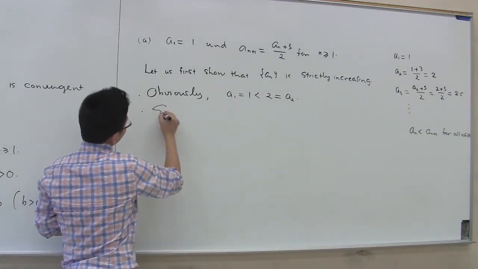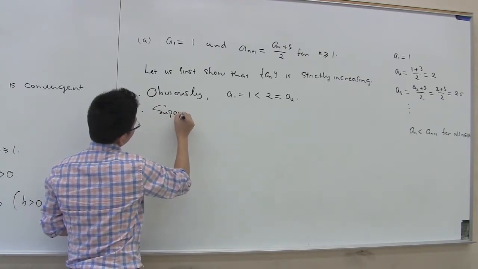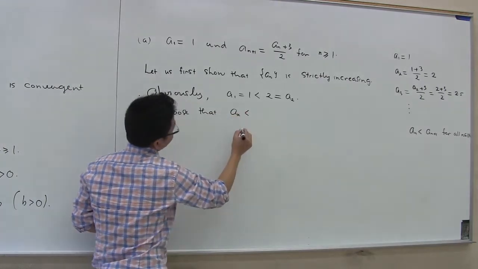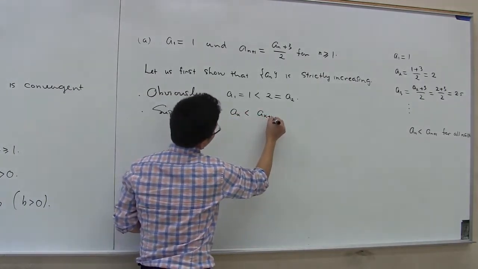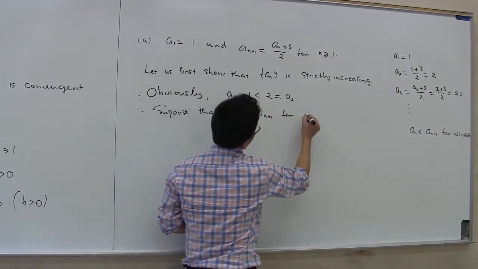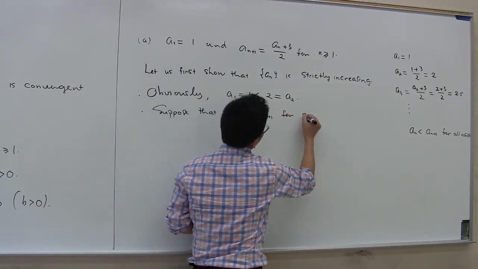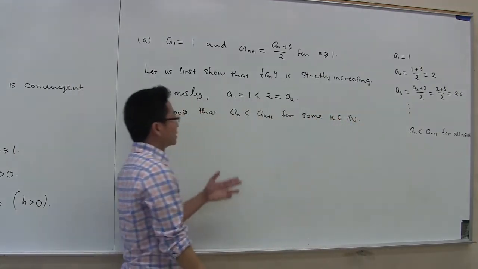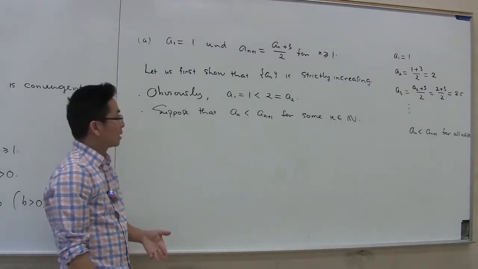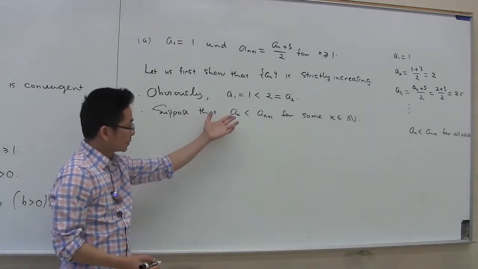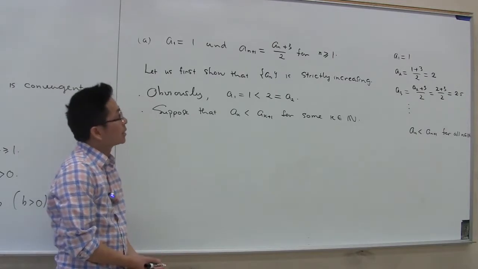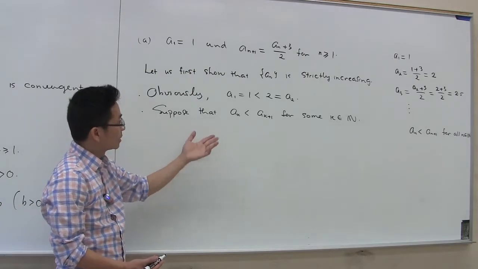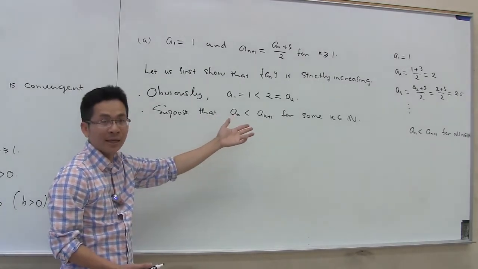Now we suppose that a_k is strictly less than a_{k+1} for a positive integer k. This is the inductive hypothesis. Now we're going to use this inductive hypothesis and the given formula for the sequence to prove that a_{k+1} is less than a_{k+2}.